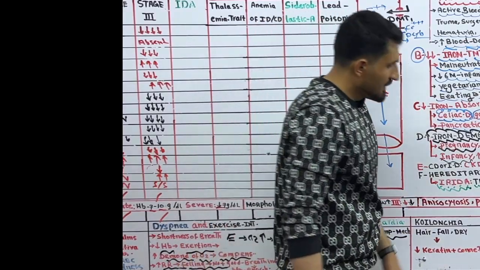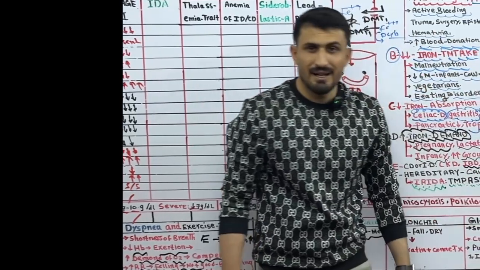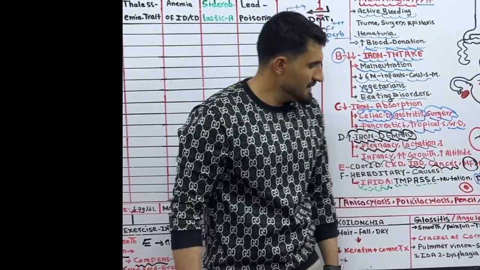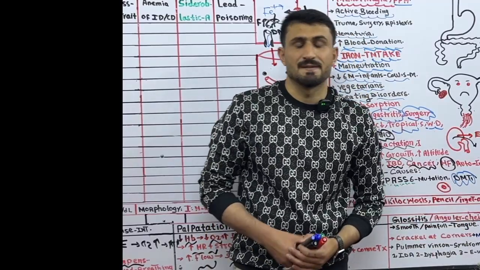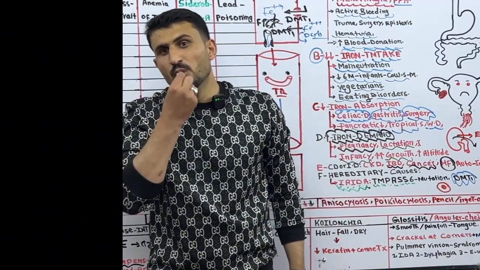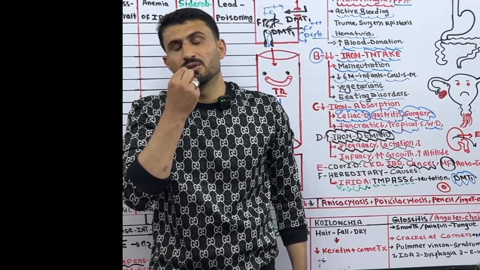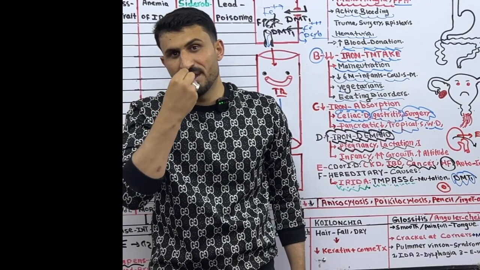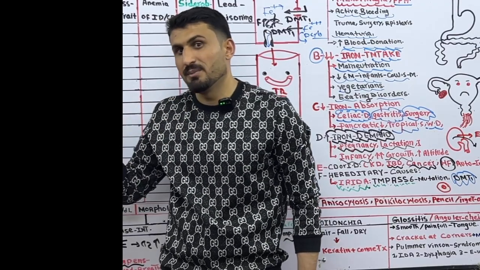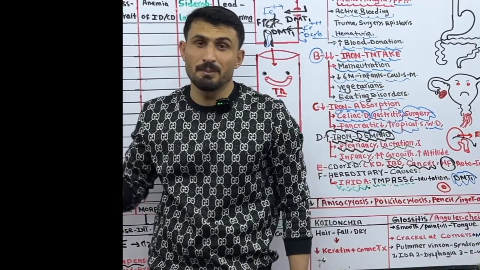Got it? The next thing that you can find in advanced stages of iron deficiency anemia is glossitis and angular cheilitis. Glossitis means smooth tongue, and this is due to less production and less proliferation of epithelial cells, due to less iron, because we need iron for DNA replication.